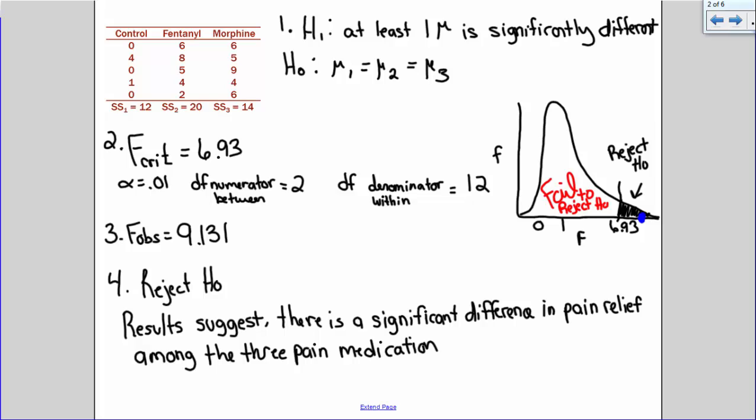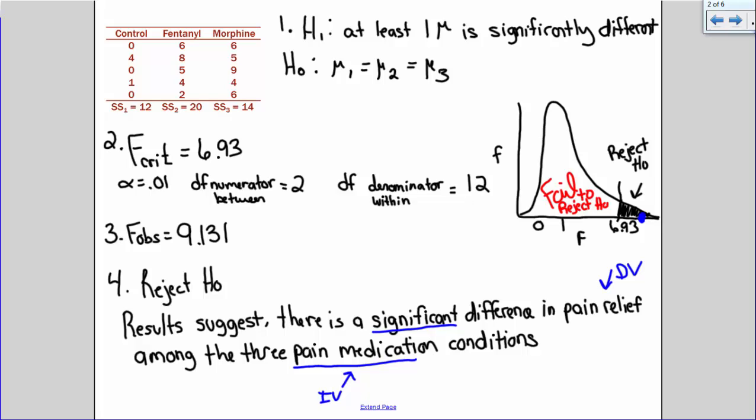You could also say there's a significant difference in pain relief based on which drug was taken, if you want to be less specific. So I have my dependent variable, I have my independent variable, and I have the word significant.